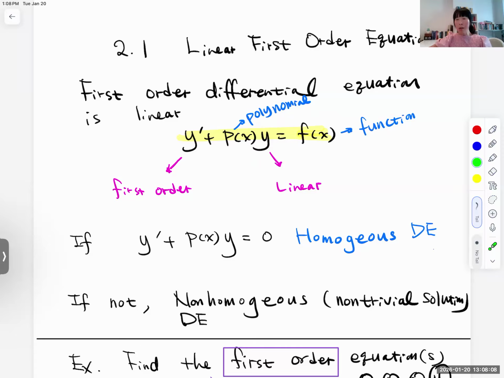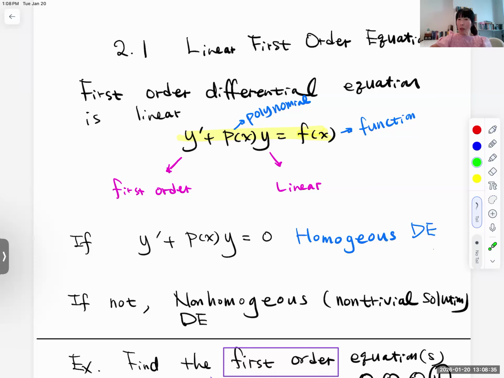Or it could be a number. Or it could be zero. If we have a zero here, then we call it a homogeneous equation. Since this course is about differential equations, we say homogeneous differential equation.